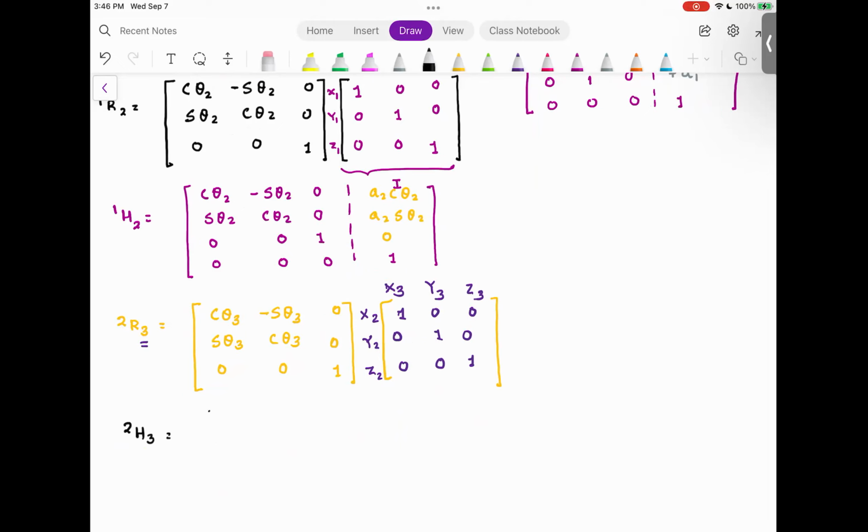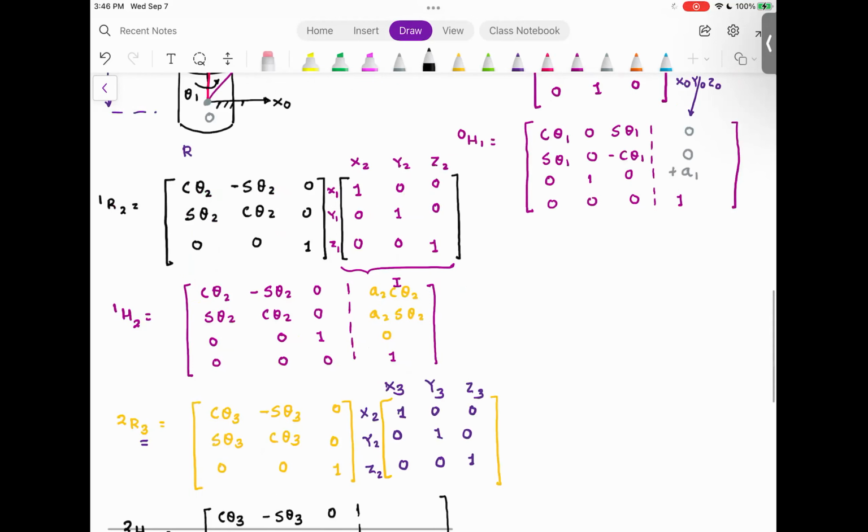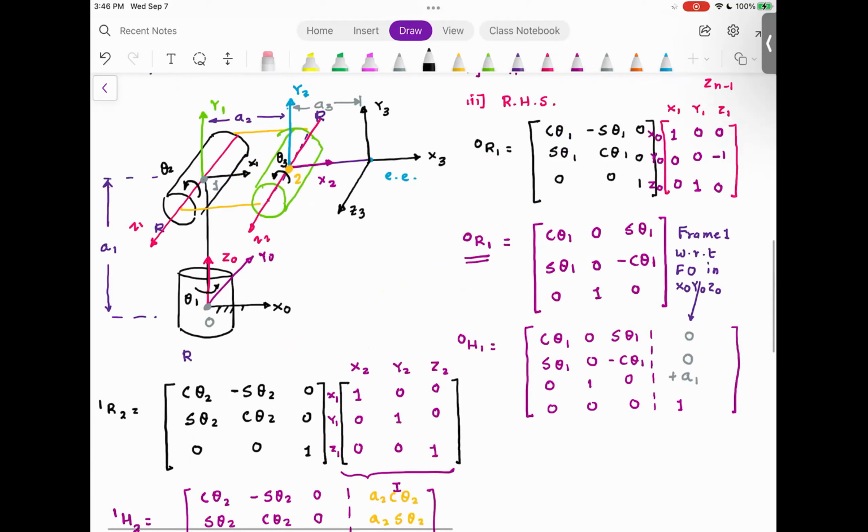So 2h3 is, first row, first column: cosine theta 3, minus sine theta 3, 0, sine theta 3, cosine theta 3, 0, 0, 0, 1, 0, 0, 0. And there will be 1 here. The last column is going to be the distance between frame 3 and frame 2.